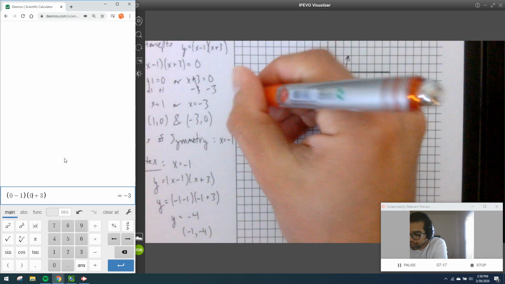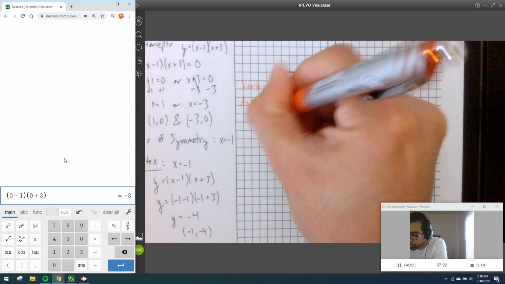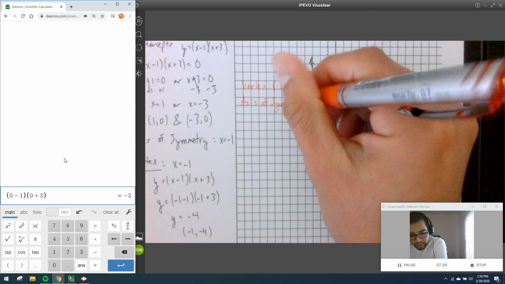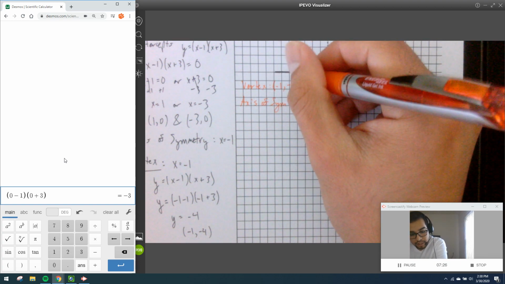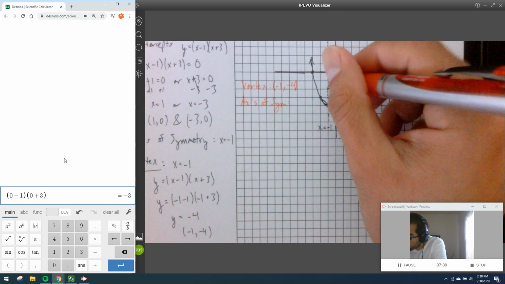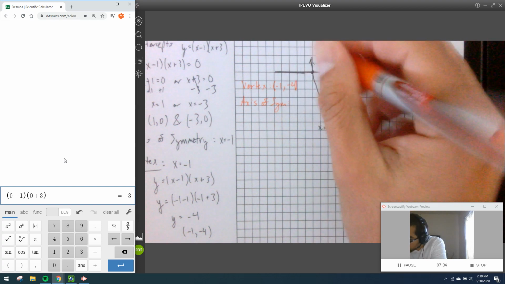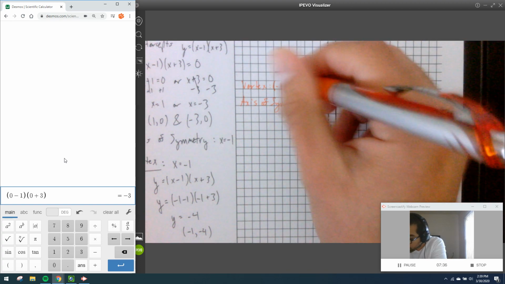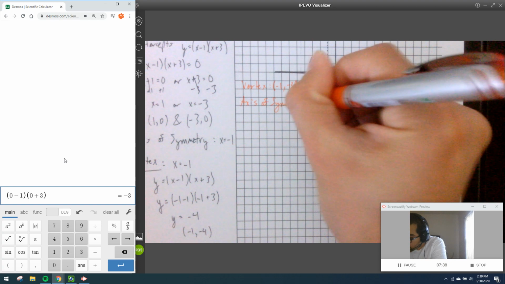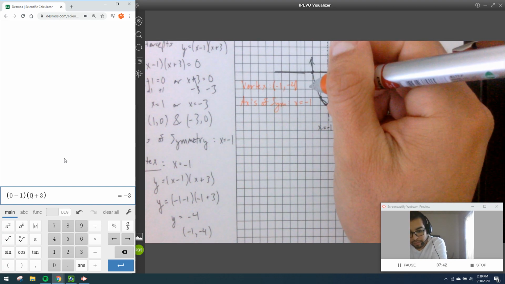We know that the axis of symmetry, and if you want to abbreviate it, that's fine, axis of symmetry is at x equals -4. No, excuse me. X equals -1. Okay, x equals -1.